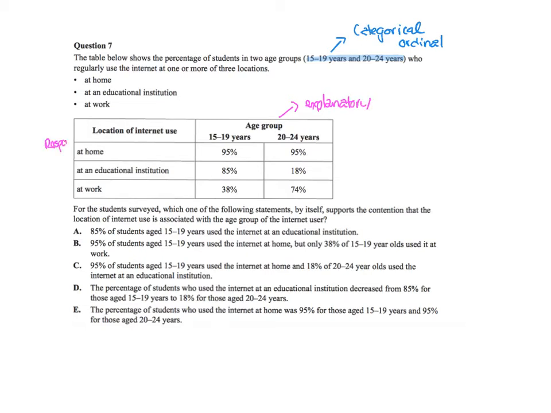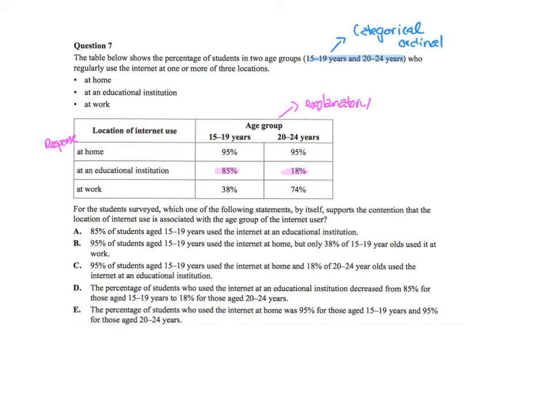We're seeing what happens. If you look at home, the home percentages are very similar, yeah? But what's different is these two. So I might say the age group is associated with, if you're talking about the education institution, you could use that stat. So let's see what they are asking us to do.